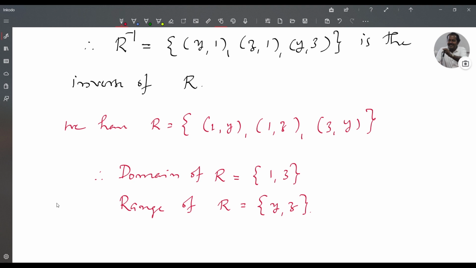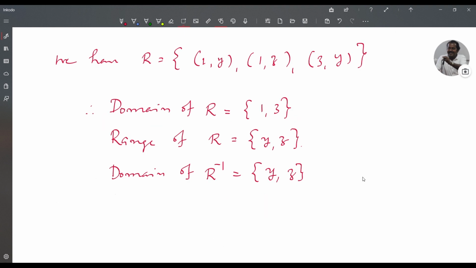Again, from R inverse, we can see that the domain of R inverse is {y, z}, and the range of R inverse is {1, 3}.